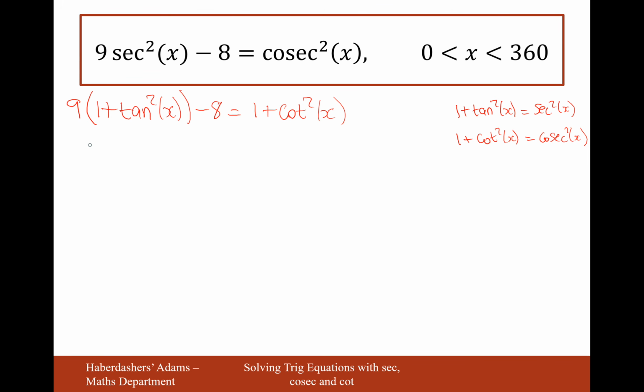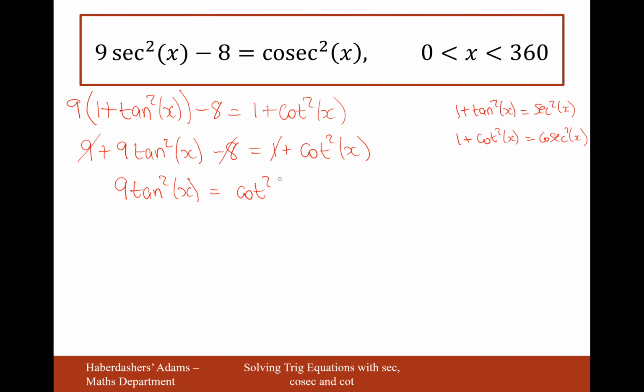So let's expand the brackets. 9 plus 9 tan squared x minus 8 equals 1 plus cot squared x. The next thing we'll do is we'll spot, so we've got a 9 minus 8, which is 1, which will cancel out with the 1 on that side. So actually all the numbers will now disappear. 9 tan squared x equals cot squared x.